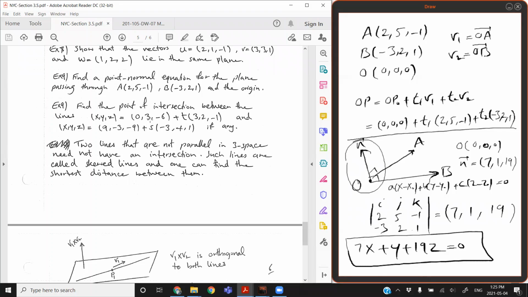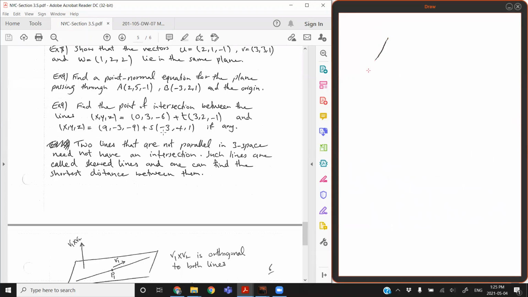Imagine you have two lines in the three-dimensional space. These two lines could cross, or maybe they don't cross. Even if they're not parallel, they don't have to cross. So I just need to put two parallel planes so that you can see what I mean.